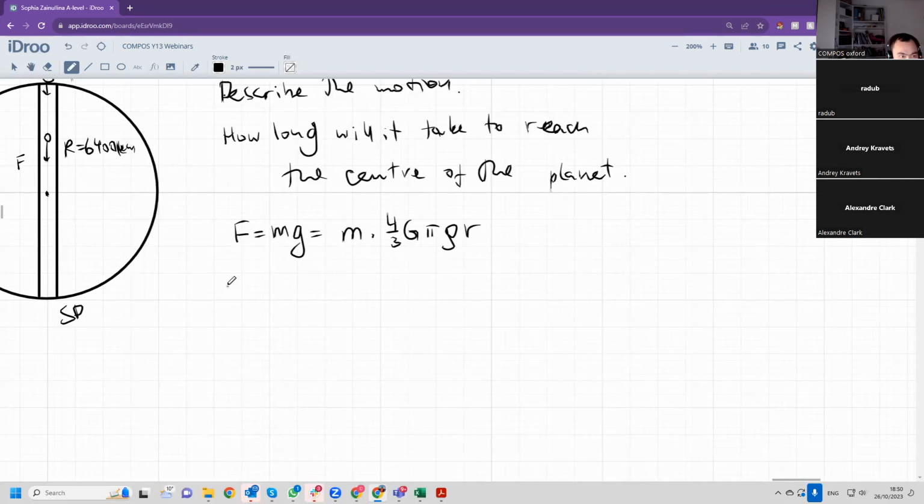So in other words, mass times acceleration is equal to m times 4/3 G pi rho r.